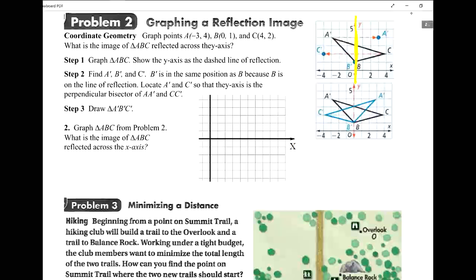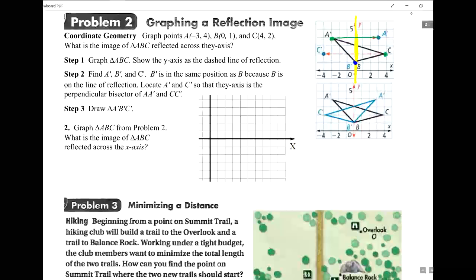Well, the first thing that we know is that B is on the line of reflection, so B and B prime are going to be the same point. The next thing we have is A is on the left side of the line, so we are going to reflect it across the line that direction.